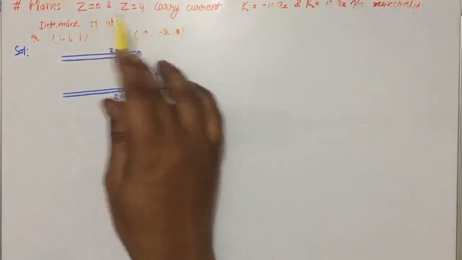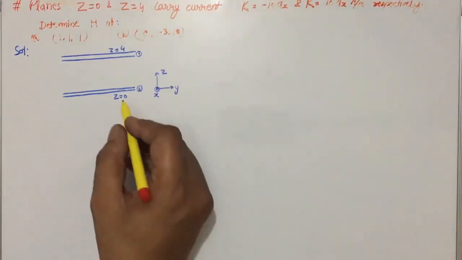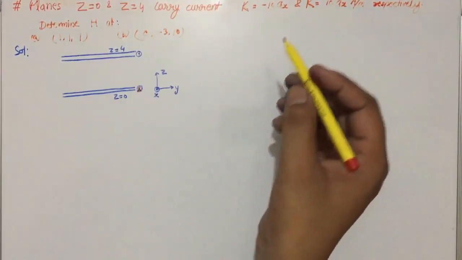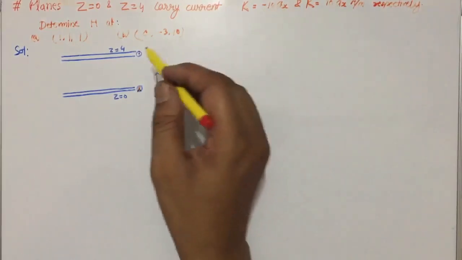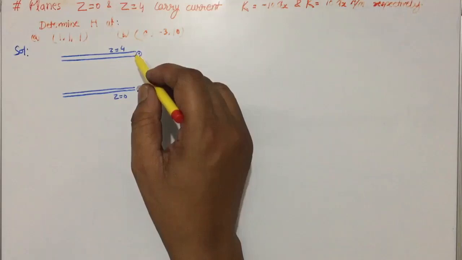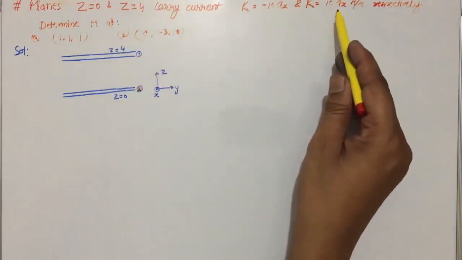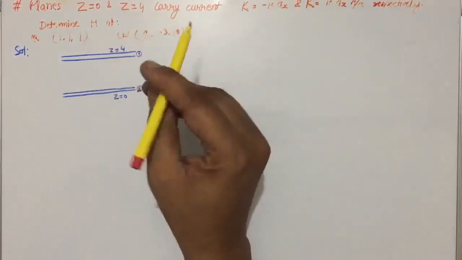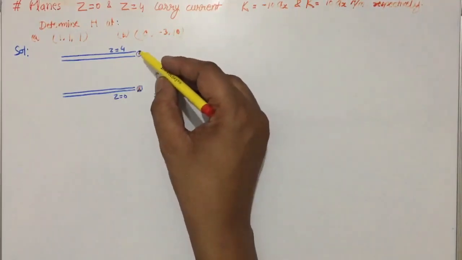So at Z is equal to 0, it is going inside. So the current is going inside at this point in the minus AX direction, and the current density at Z is equal to 4 is 10 magnitude in the direction of plus AX, that is outward. That's why it is indicated by dot.